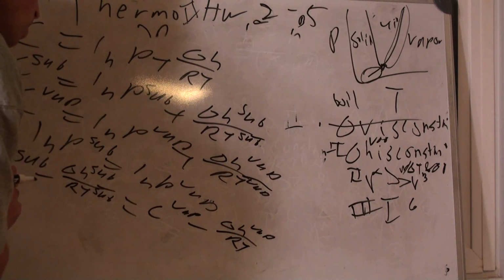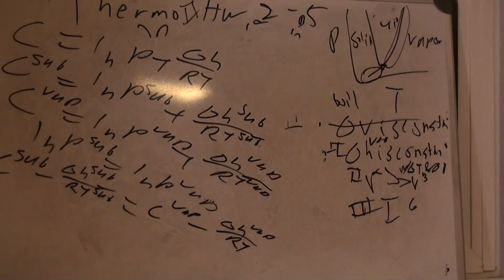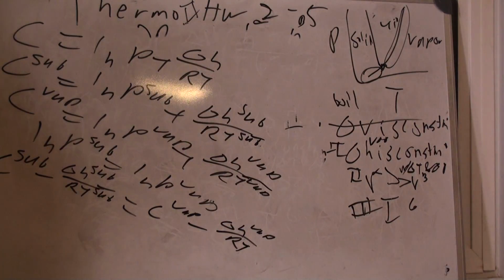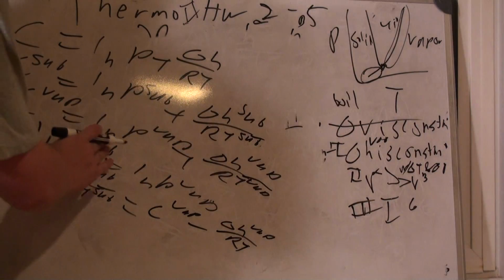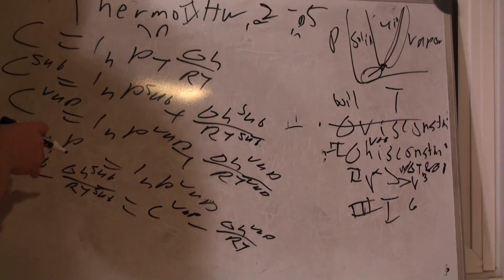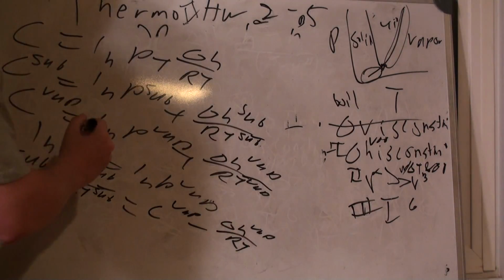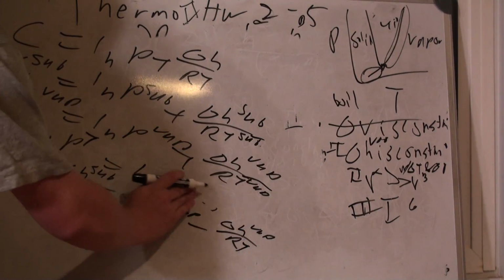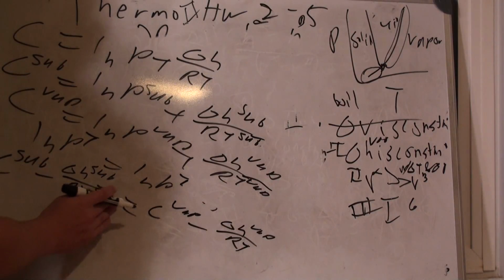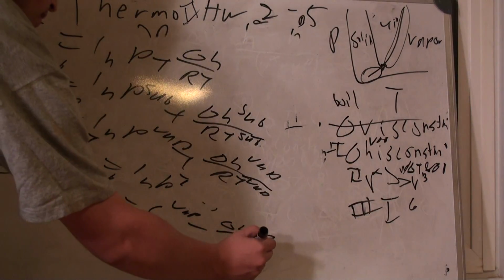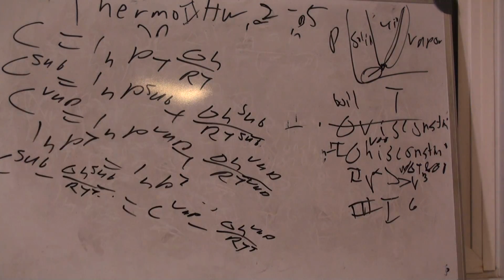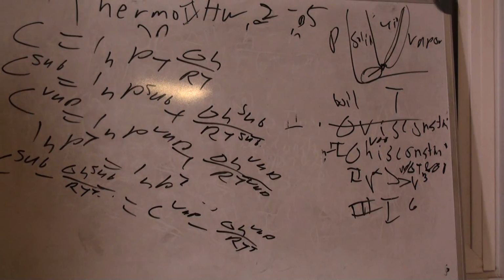Well, is this still T sub? No, because P sub is equal to P vape at the triple point. So those are actually the same temperatures. That's what I'm solving for, that temperature, because I know everything else. I just need to plug them in.